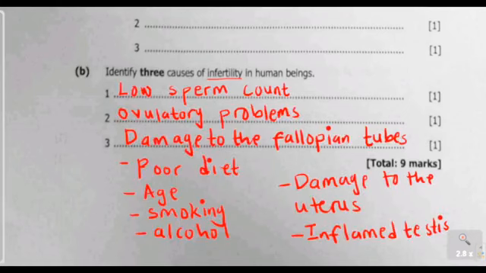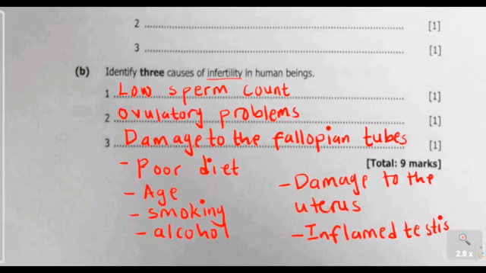All right, so some of the causes we have said: low sperm count, or when a man is producing poor quality sperms; ovulatory problems in females, where the release of eggs becomes a challenge and it becomes very difficult for them to conceive; also damage to the fallopian tubes. If the oviduct is damaged, it becomes very difficult for the woman to conceive because fertilization won't be able to take place in the oviduct.